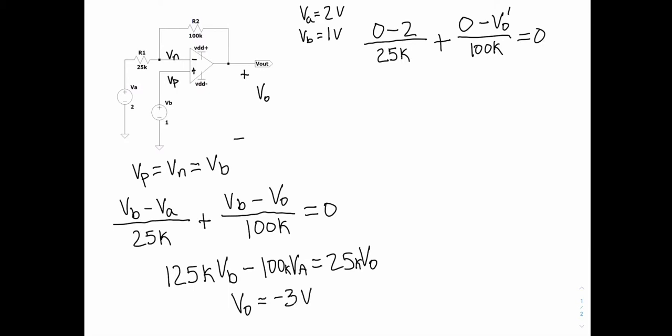Solving for this, we will have V0 prime is going to equal negative 8 volts.